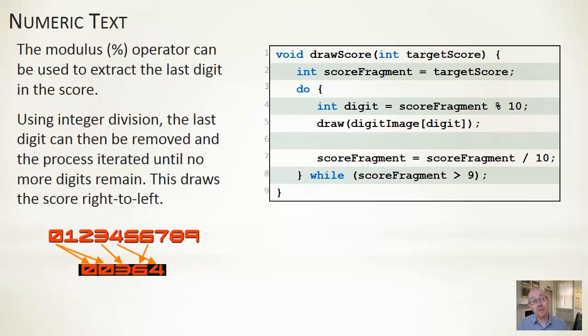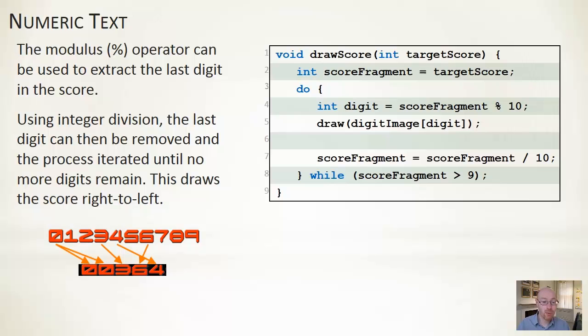So in terms of this solution, very compact. You can see the 7, 8, 9 lines of code that make it possible on the screen. Here we're calling a method drawScore, taking in the target integer score, and we're retaining a fragment. We're going to, if you like, strip off one digit each time and print it out, and then repeat until we've completely printed out the score.